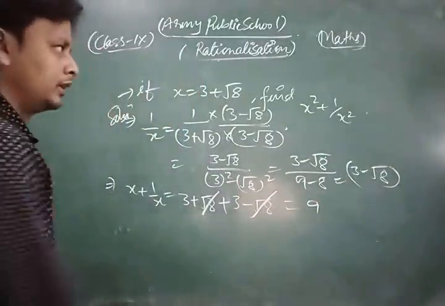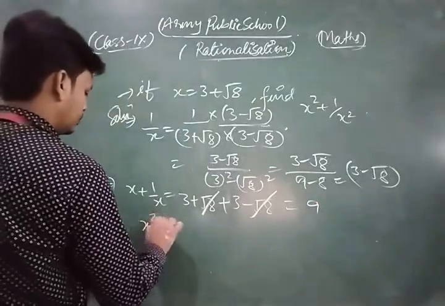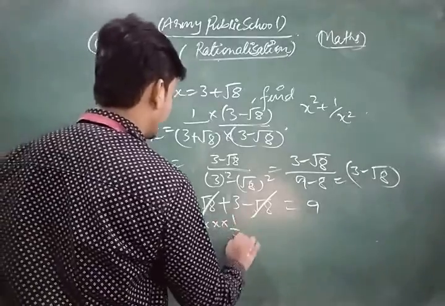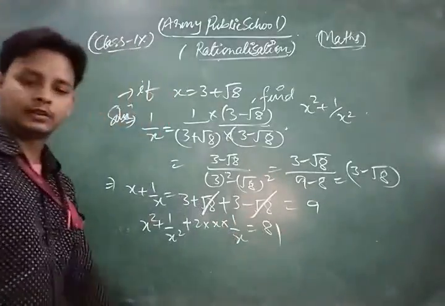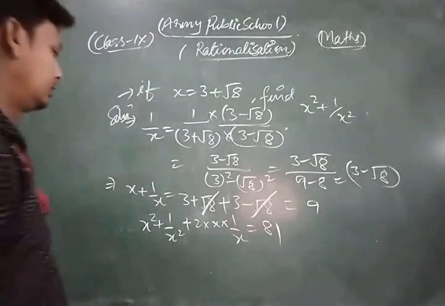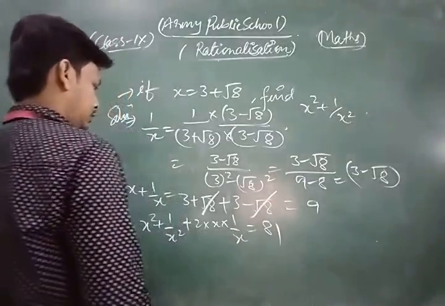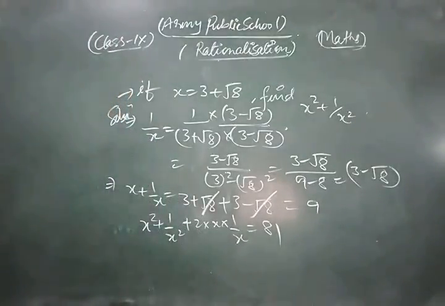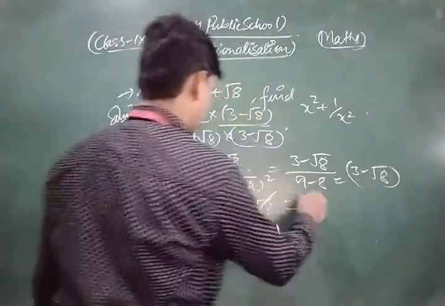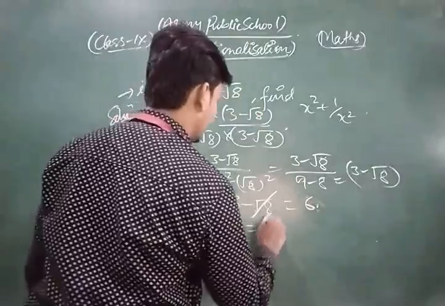Now we take squaring both sides. So a square plus b square plus 2 into x into 1 upon x is equal to 36. Sorry, yes, this is 6 here, so this is 36.